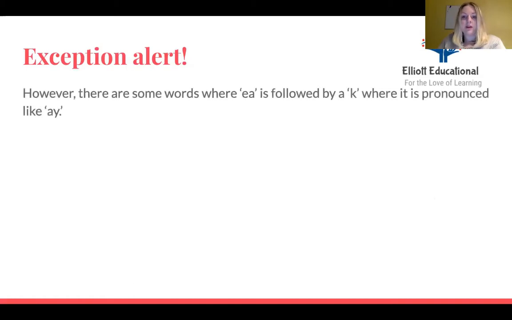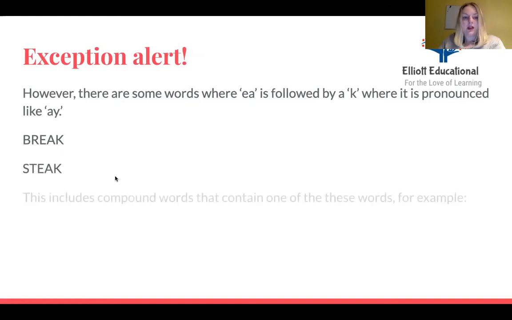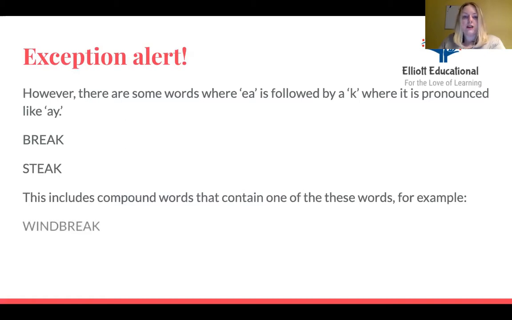So sometimes where E and A is followed by a K, it is pronounced closer to an A sound. So break, steak. And this can include compound words that contain one of these words. For example, windbreak, break room.